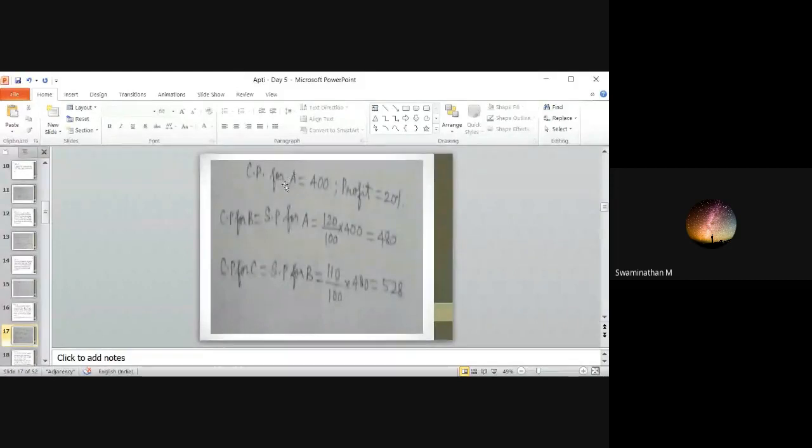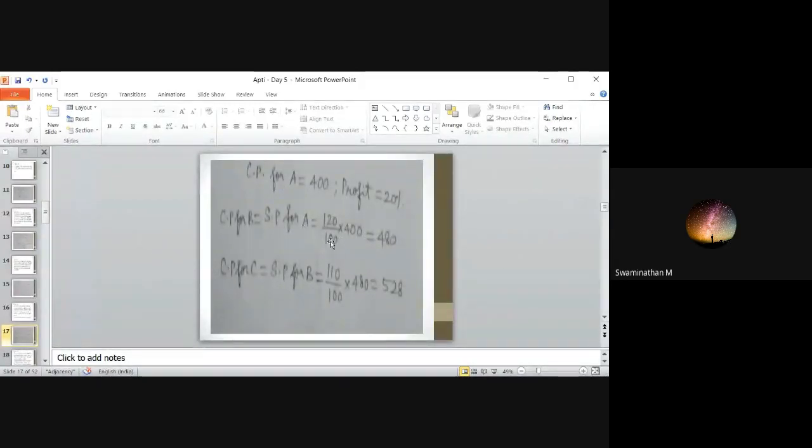Cost price for A, 400. Profit percent is 20. So the price B paid is around 480. That is selling price for A, or cost price for B. 20%. So gain, or profit plus 100, by 100 into cost price.